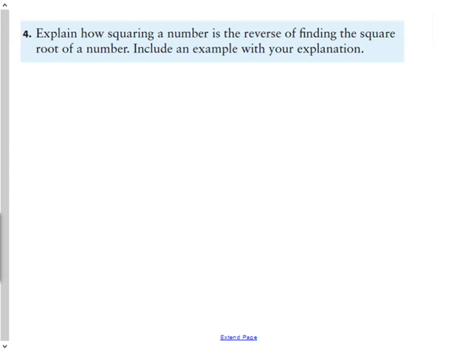Question 4. Explain how squaring a number is the reverse of finding a square root, and include an example. So if I take 4 squared as an example, 4 squared equals 16. And if I take that 16 and say, what number did I multiply by itself to get 16? The answer is 4. And we can do this with absolutely every number.